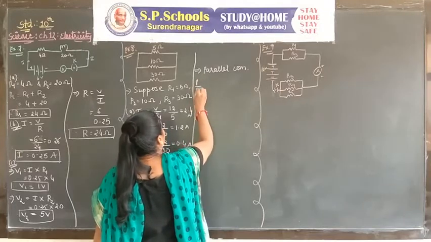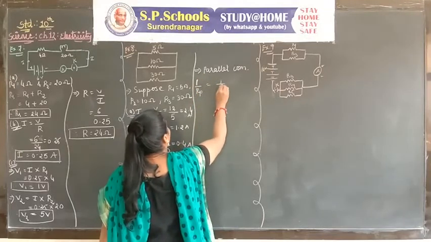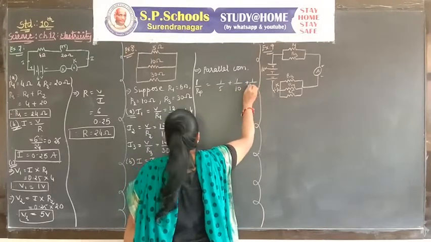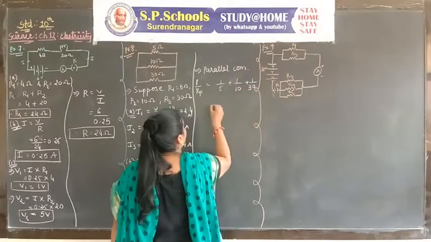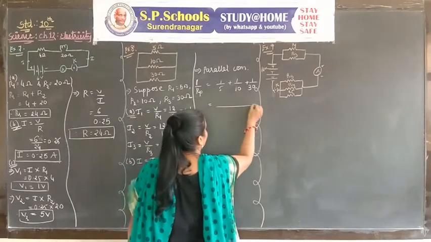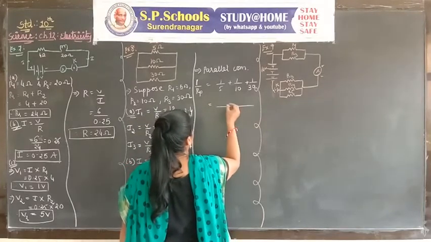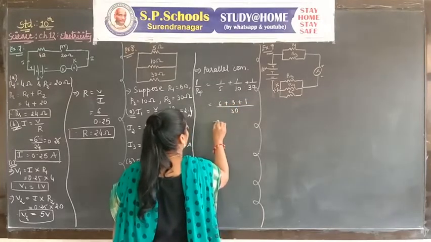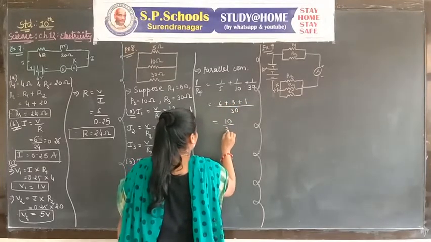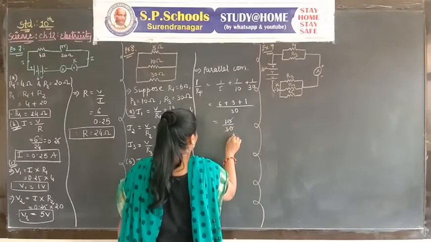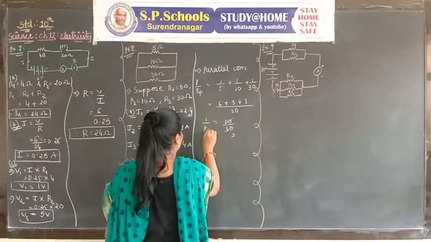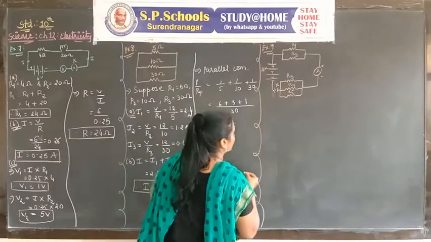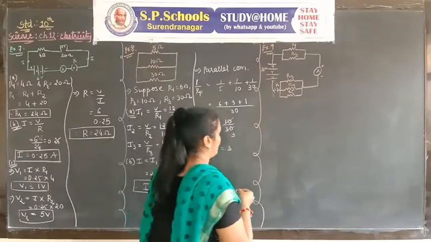So 1 upon Rp is equal to 1 upon 5 plus 1 upon 10 plus 1 upon 30. If we calculate with 30, first we write 6 plus 3 plus 1, 10 upon 30, so 1 upon 3. So Rp is equal to 3 ohm.